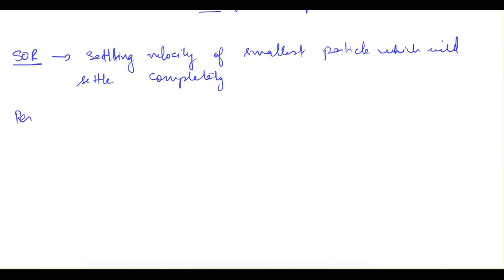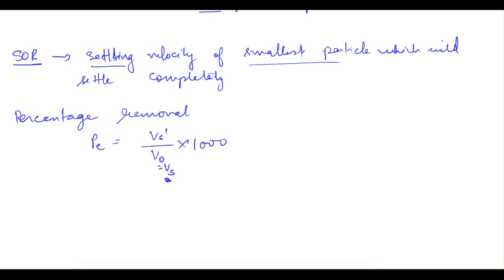For that we have a concept of percentage removal, and this percentage removal is equal to Vs dash, that is the settling velocity for that particular particle size, divided by V naught, that is your surface overflow rate. Earlier I might have denoted it as Vs, that is the settling velocity of the smallest particle, so we can denote that as Vs. Both are the same thing. If you have understood the concept, it will not confuse you.